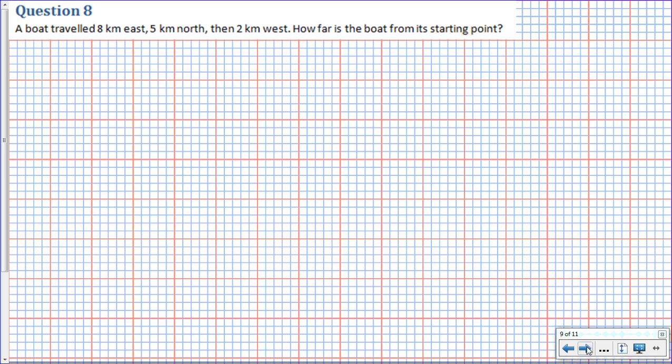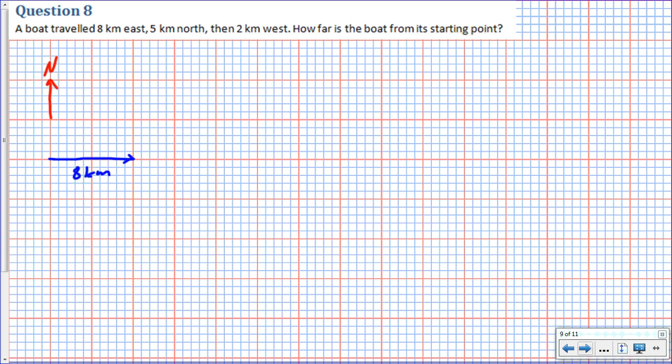So first thing I'm going to do is on the diagram, I'm going to put north. And so my boat, first of all, travels 8 kilometres east. So I'm going to do 8 kilometres east. There we go, 8 kilometres east. Then that boat decides to travel 5 kilometres north.